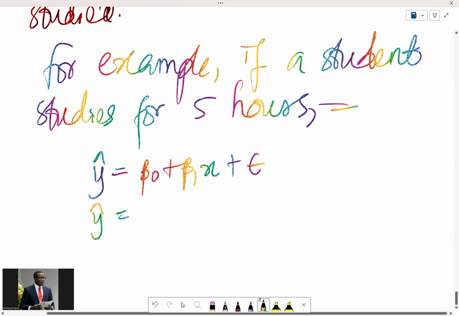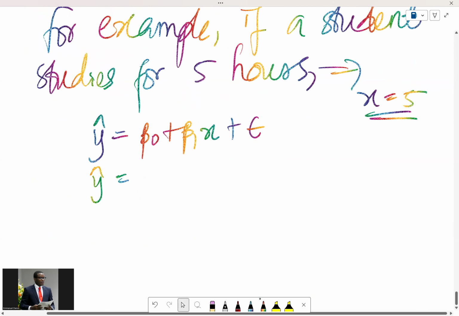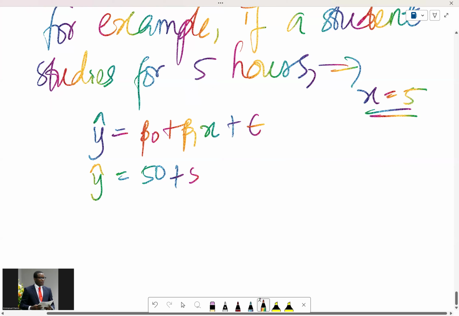So 5 hours simply means that x is equal to 5, and we already have beta naught and all that. So beta naught again is 50, plus 5x, plus epsilon.